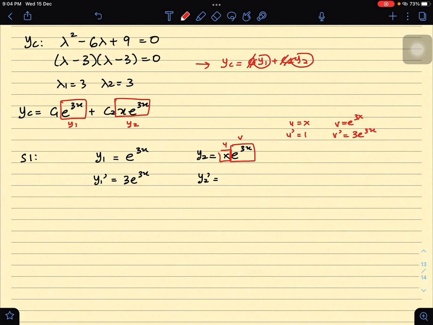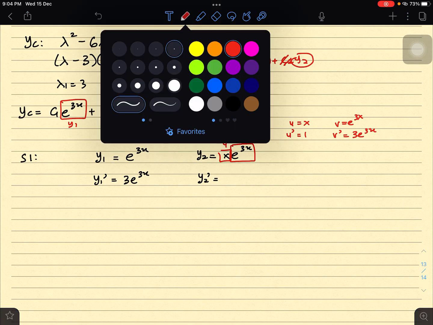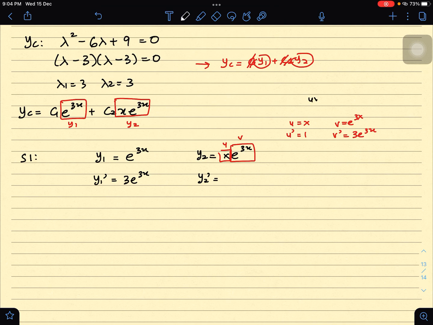To find y2 prime, you need to use the formula u v prime plus v u prime. So your u is x, darab dengan v prime is 3 exponent 3x, plus your v is exponent 3x darab dengan 1.